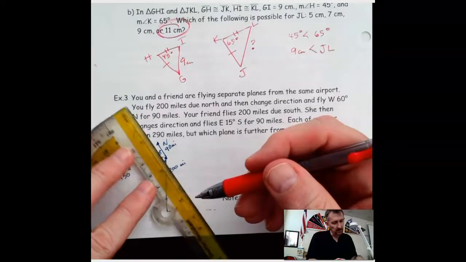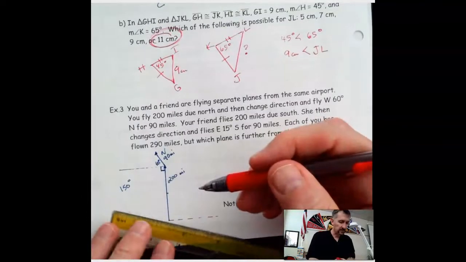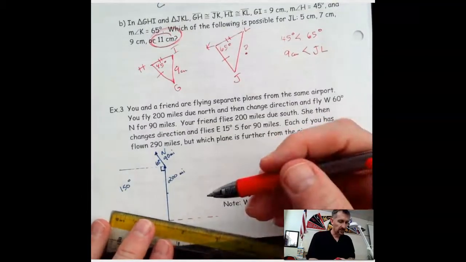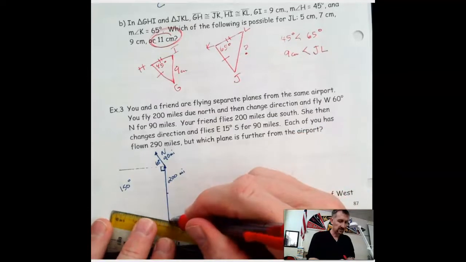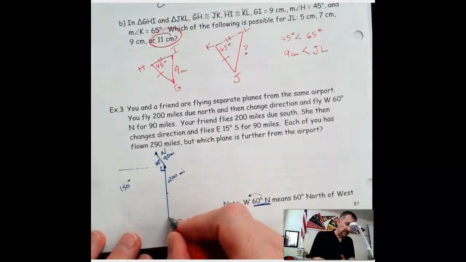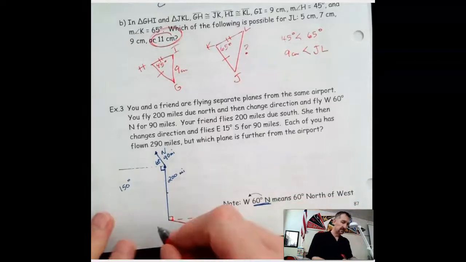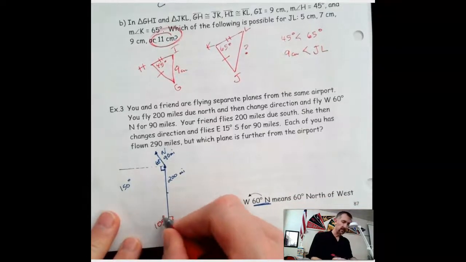How long did I make 90 miles there? About almost half an inch. Alright, so 15 degrees, that's not very much. Okay, so that makes that 90 plus 15, that's 105. It's going to be 105 degrees.